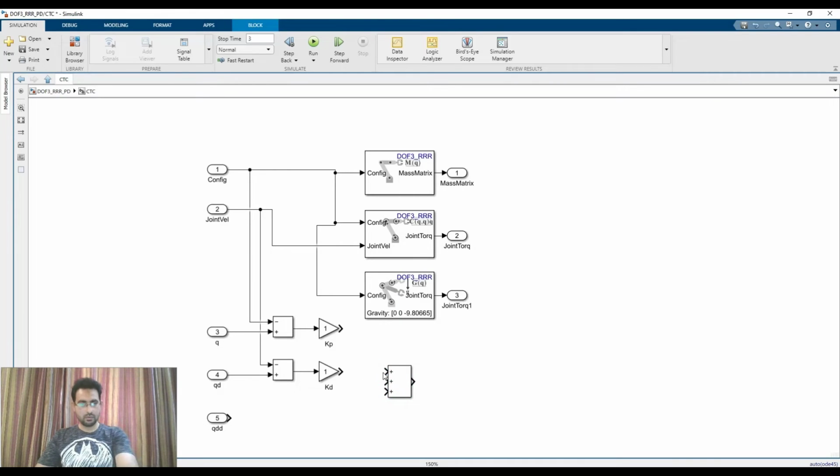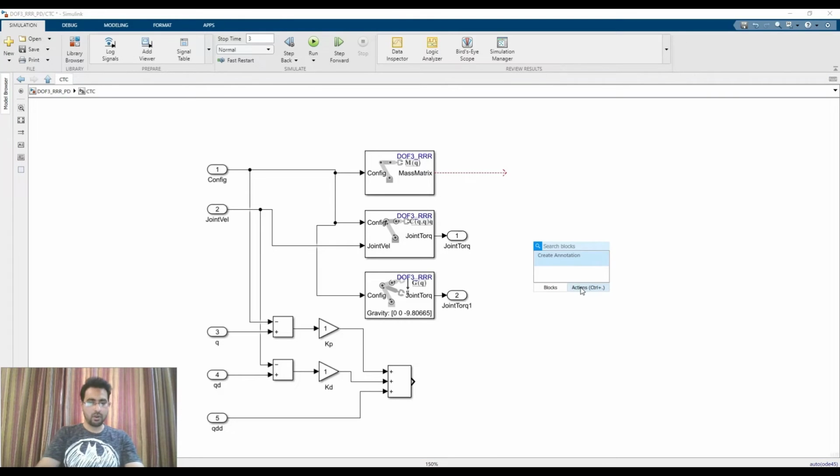I'm going to add these three things up like this. And now this sum is going to be multiplied with the mass matrix to give me the first torque required for the movement of the robot. Over here, I don't need this thing, so I'm going to delete it.